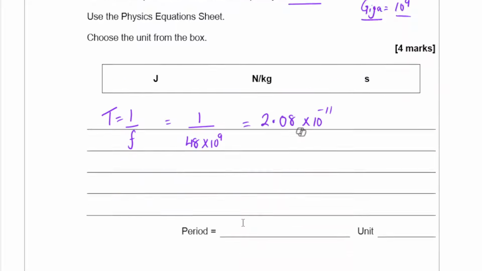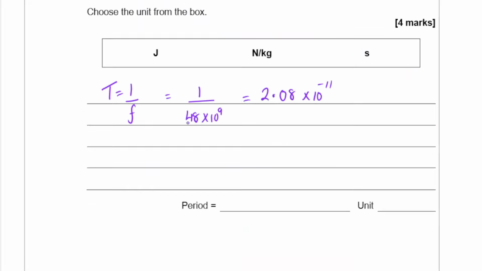Now time period is actually measured in seconds, so they've given you the units, so the answer should be 2.08 times 10 to the power minus 11 and then seconds. 1 mark for the unit and 1 mark for this conversion correctly.